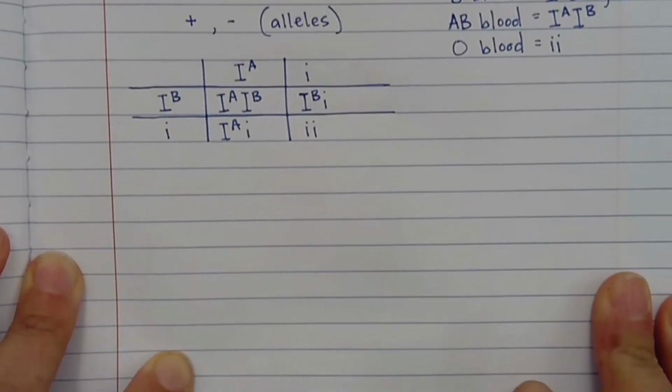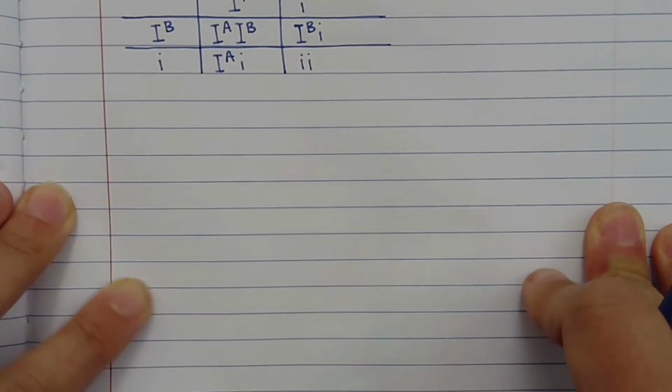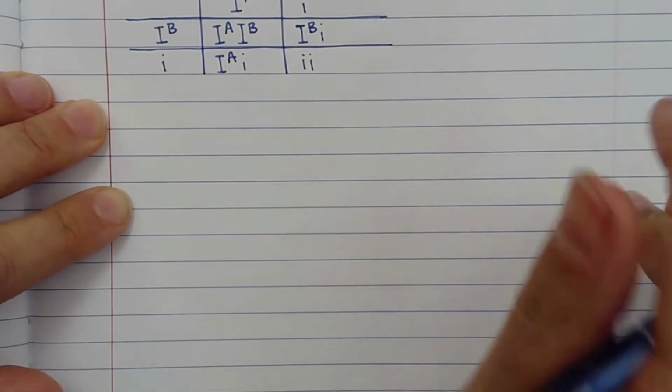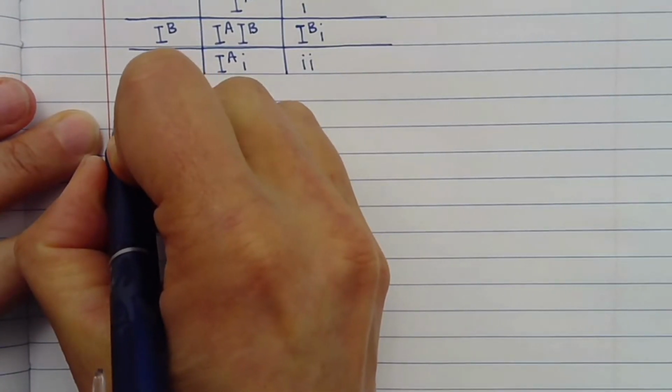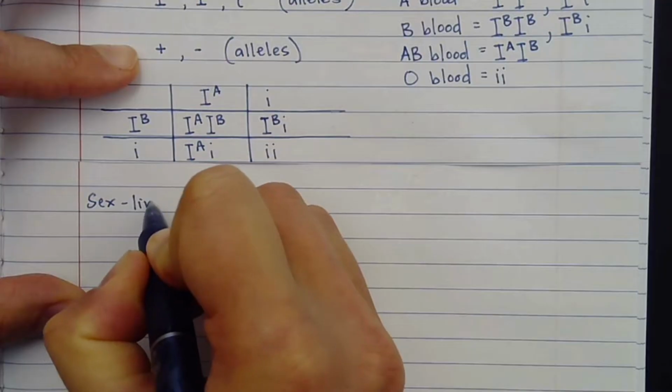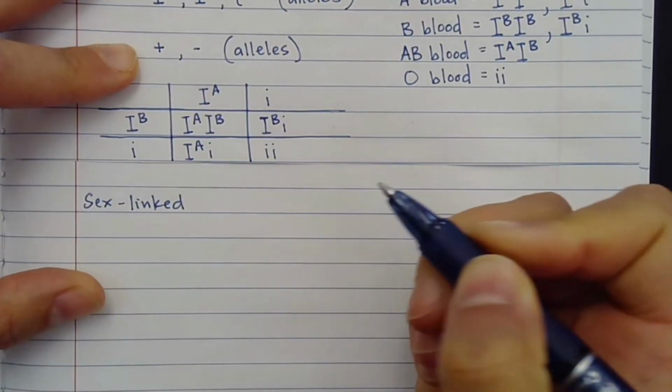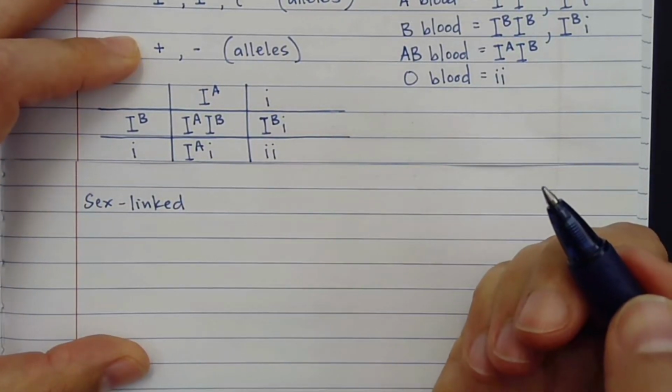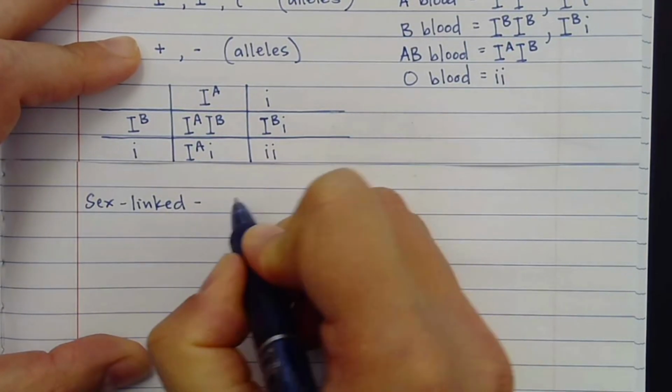Okay, the last thing that we're going to cover is sex-linked traits. Those are genes that are on either the X or the Y chromosome.